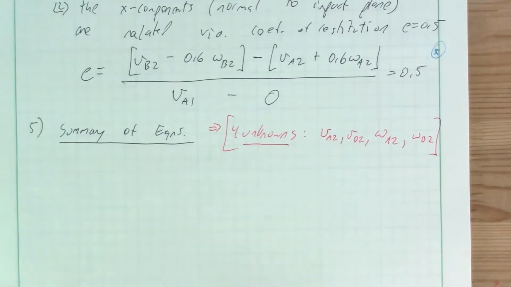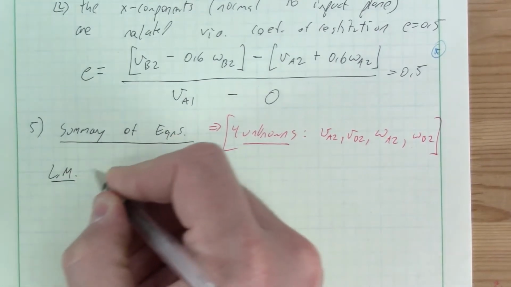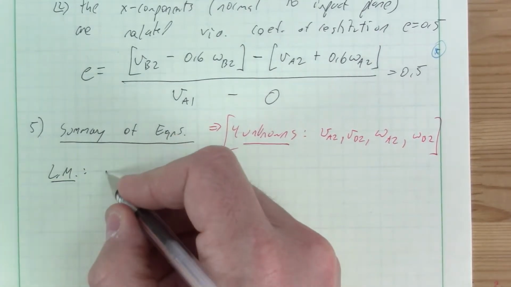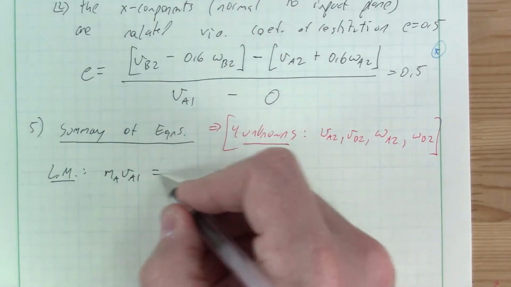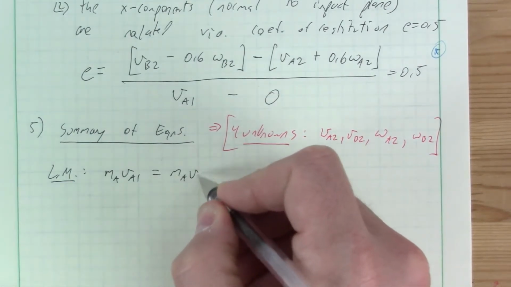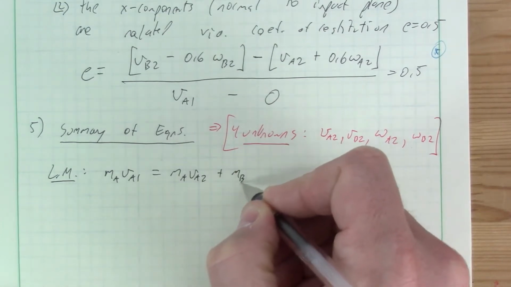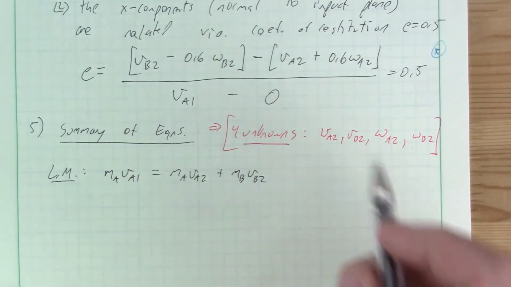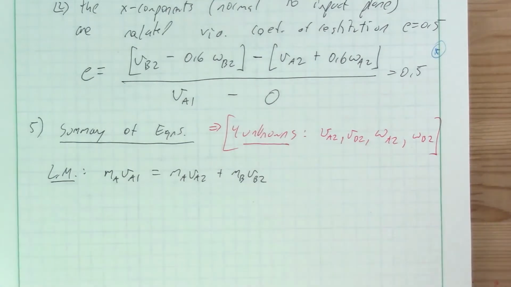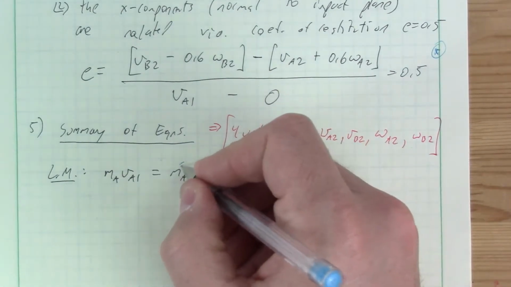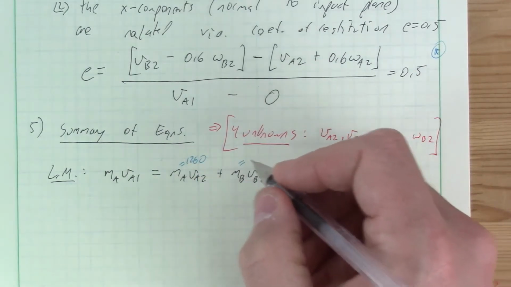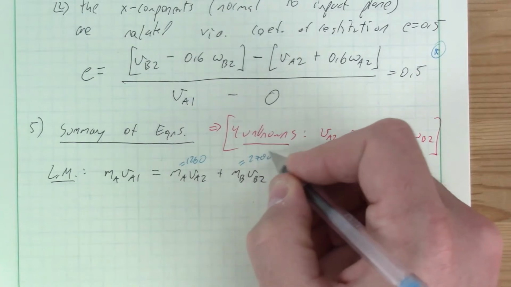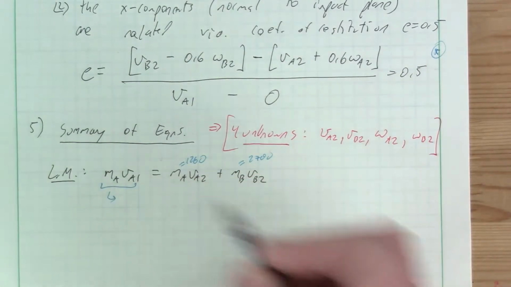From linear momentum, our relationship was MA VA1 equals MA VA2 plus MB VB2. MA is 1260 kilograms, MB is 2700 kilograms, and we know all of that.